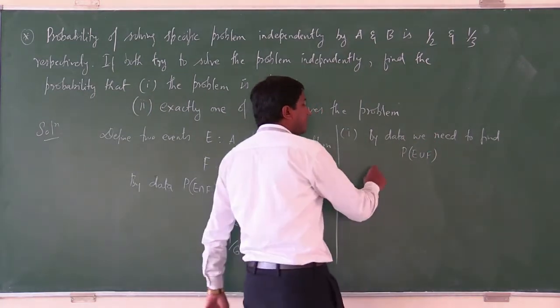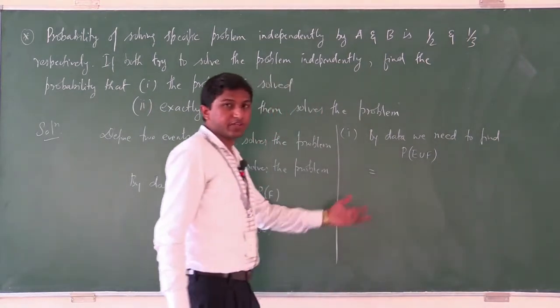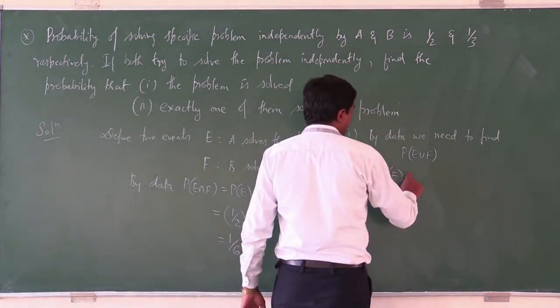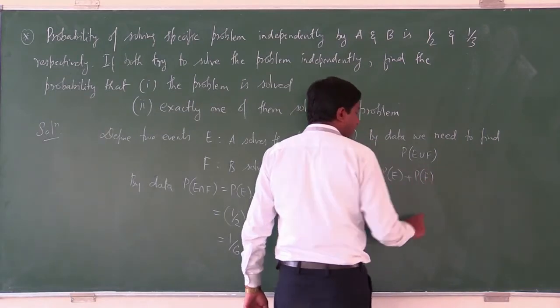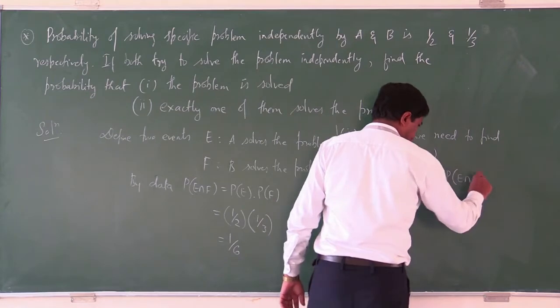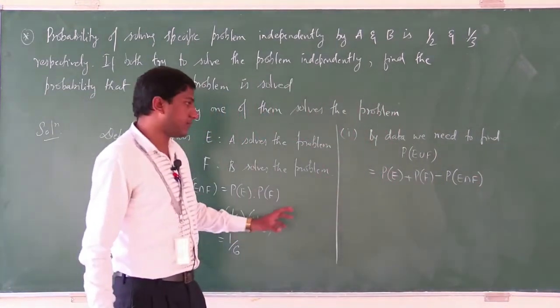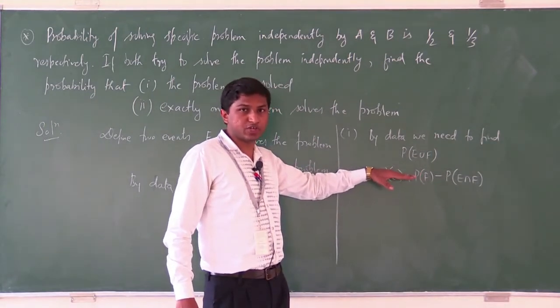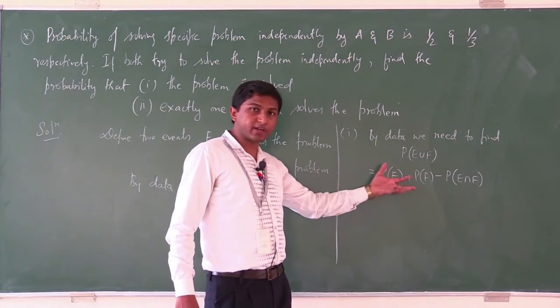But what is the formula for P of E union F? I can write that as P of E plus P of F minus P of E intersection F. So this follows from first PUC probability chapter. This result we have already come across.